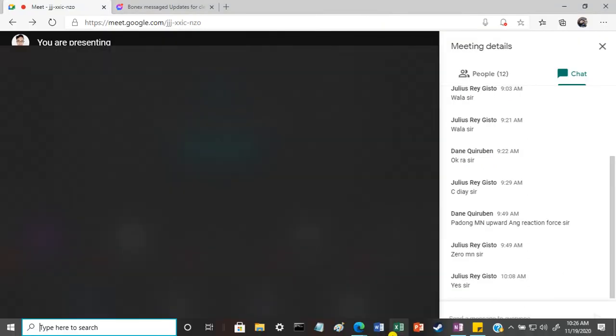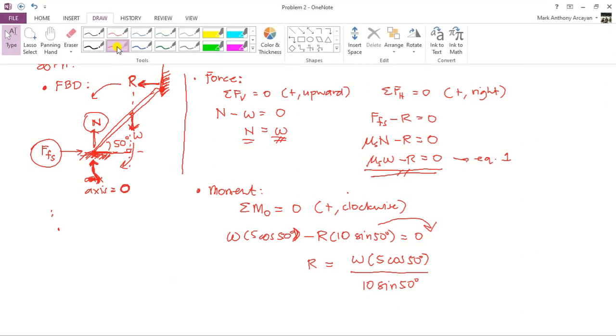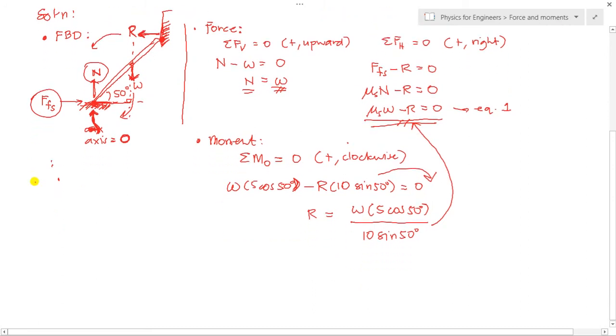Okay. So, the next one is, since naa na tayo value sa R, so we can substitute this on equation 1. So from equation 1, we now have mu s, and then ako lang i-transpose ni si R sa right side class ha, para mapastig na siya.